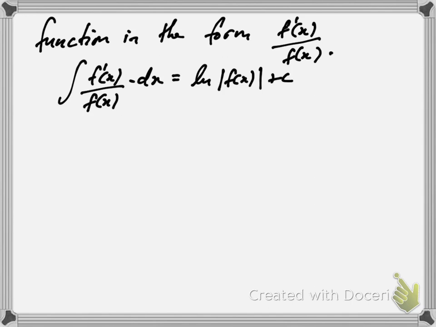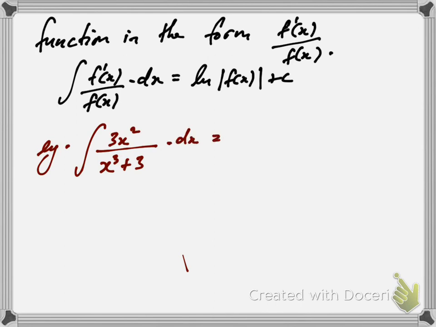Let's look at an example. If you have x cubed plus 3 at the bottom and 3x squared on top, the top is the derivative of the bottom, so dx gives you ln of x cubed plus 3 plus c.